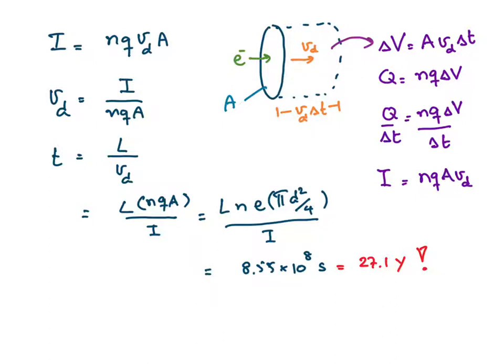Now, the charge that moves past this area is equal to the total charge that moves into this volume, so that is the charge density NQ times the volume, NQ delta V. From the definition, the current is charge per unit time, which is Q over delta t, equal to NQ delta V over delta t.